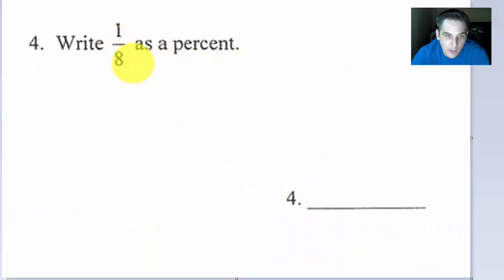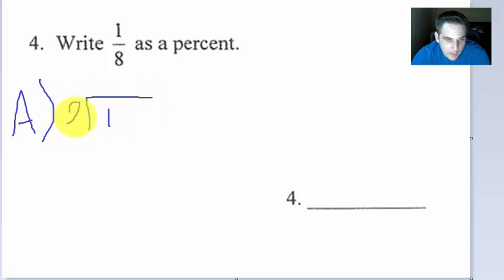Okay, we've already done one just like this, and we're going to do it all just like that one. Alright, so step A is top divided by bottom. 1 divided by 8. Alright, 8 can't go into 1, so we're going to add a decimal.